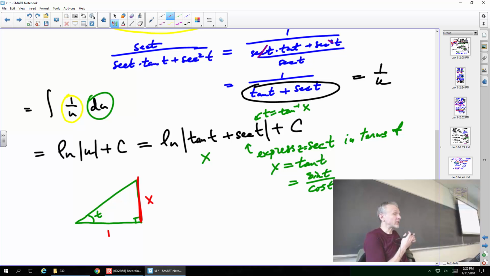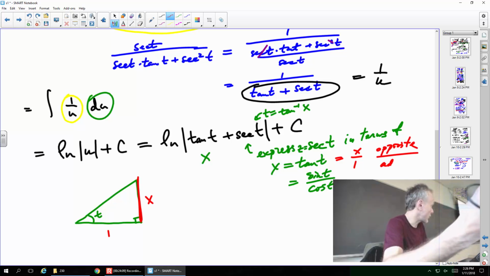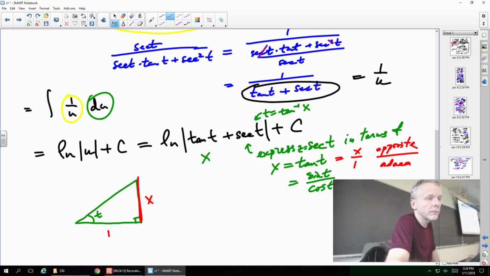So this is x over 1, and so x is opposite and 1 is adjacent. It is up to me to choose the side of the triangle, so I choose the adjacent to be equal to 1, and then everything works out.